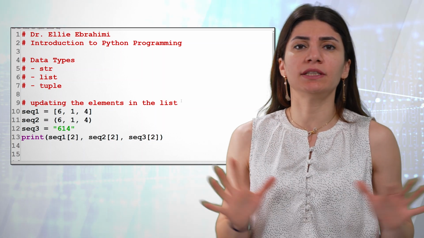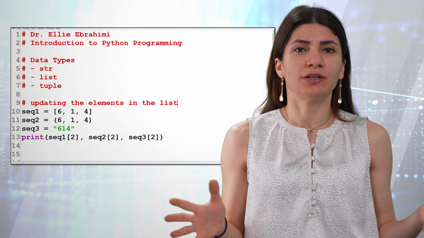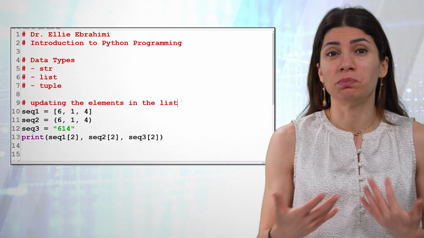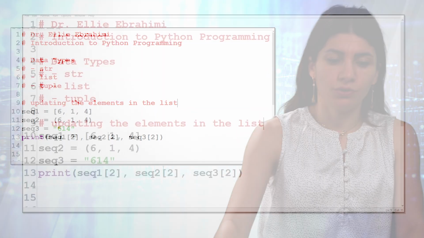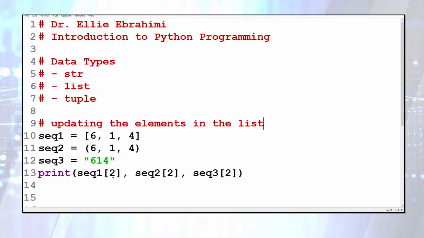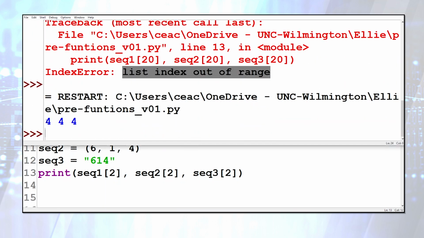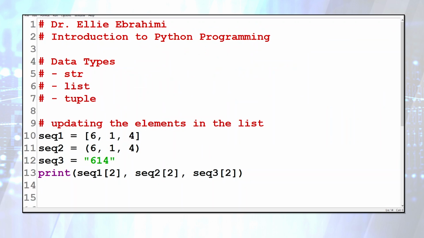Okay, now let's see what we can do and what that update means in general. In the last video, we were able to access the elements inside different sequences. I'm going to run this one more time. And you see we have 4 because the 4 that we have here is sitting at index number 2.